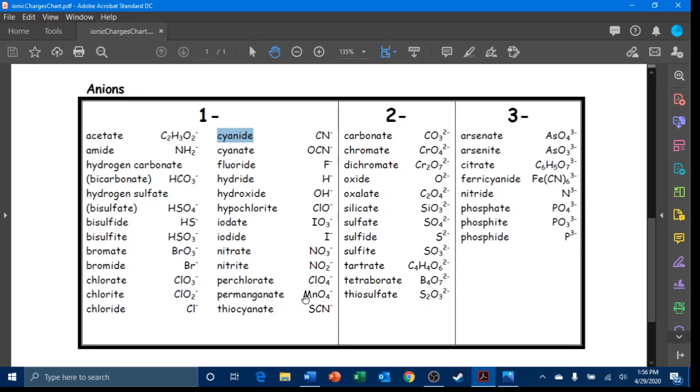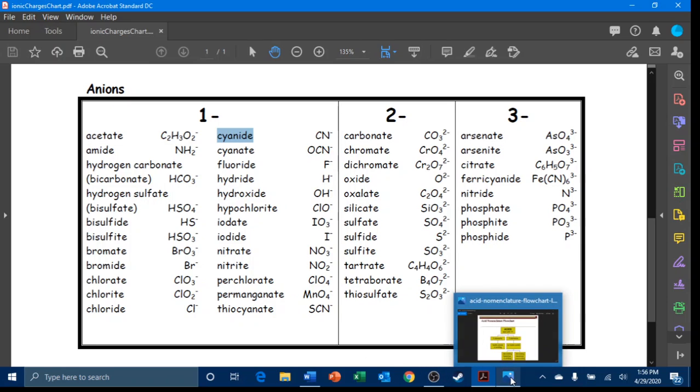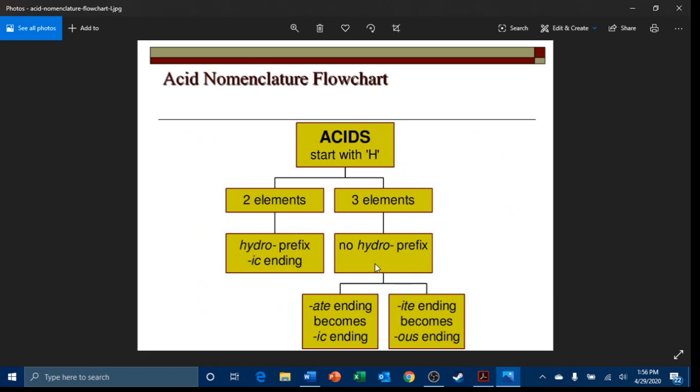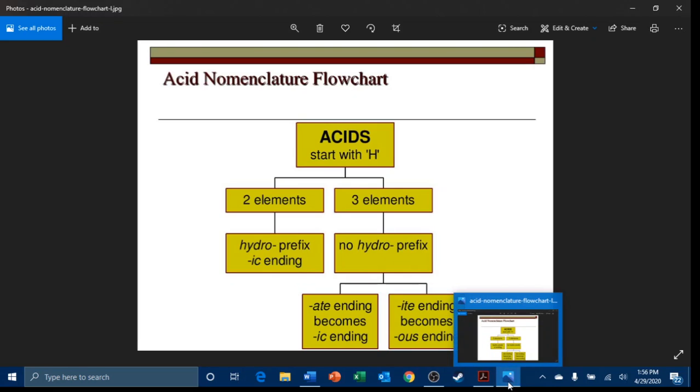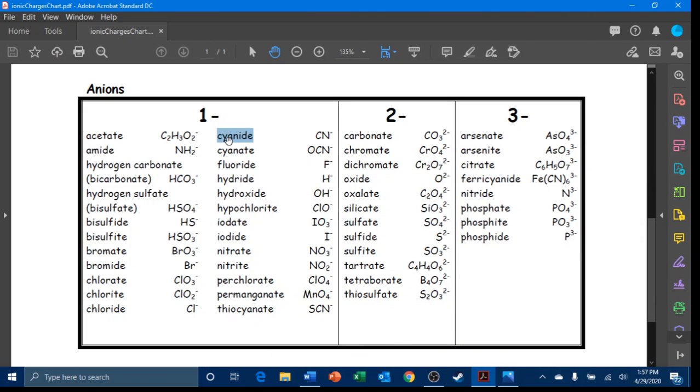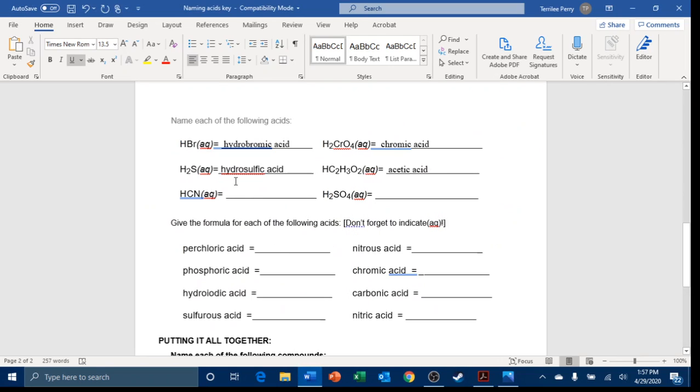So let's go over here. We know that if it is 3 elements, there's no hydro. And ide is ic. So cyanide. And I think this one is going to be cyanic acid.